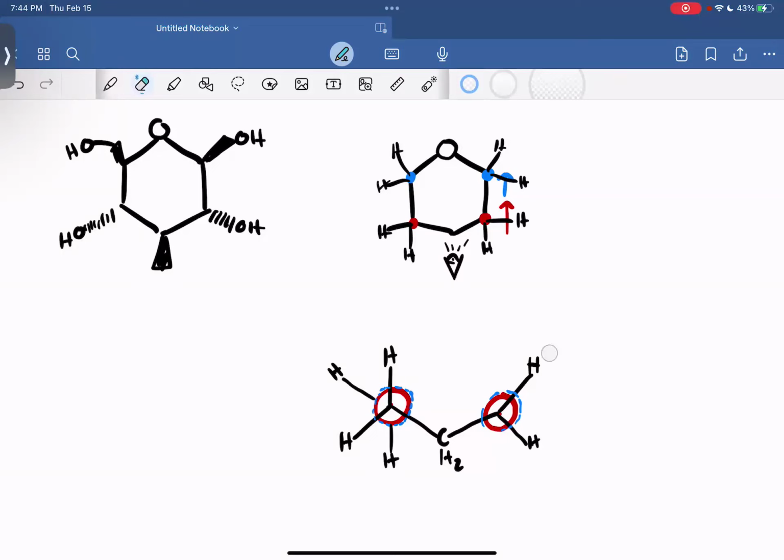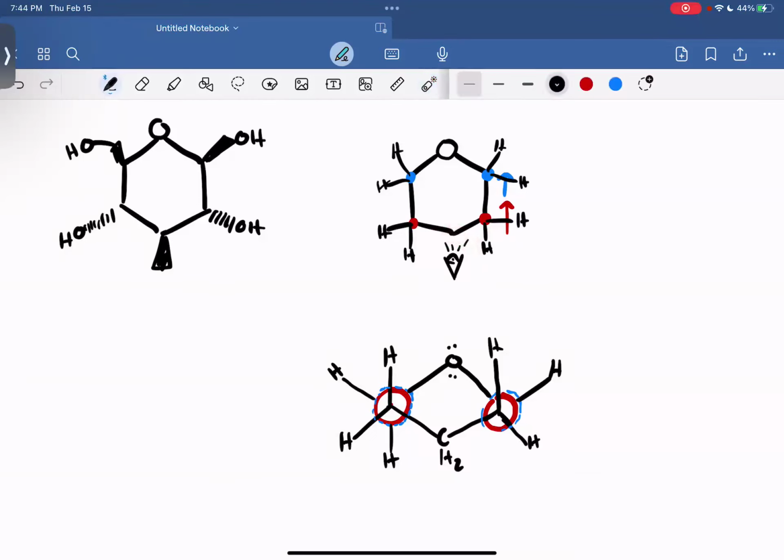This one didn't turn out very good, going up like that. I know that's a little messy and kind of hard to see, but that's what we see when we look down the carbon from this perspective.